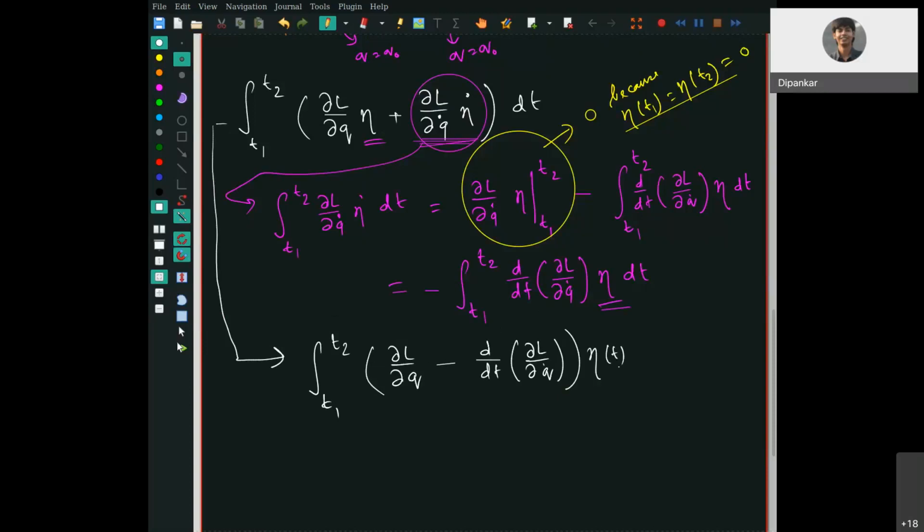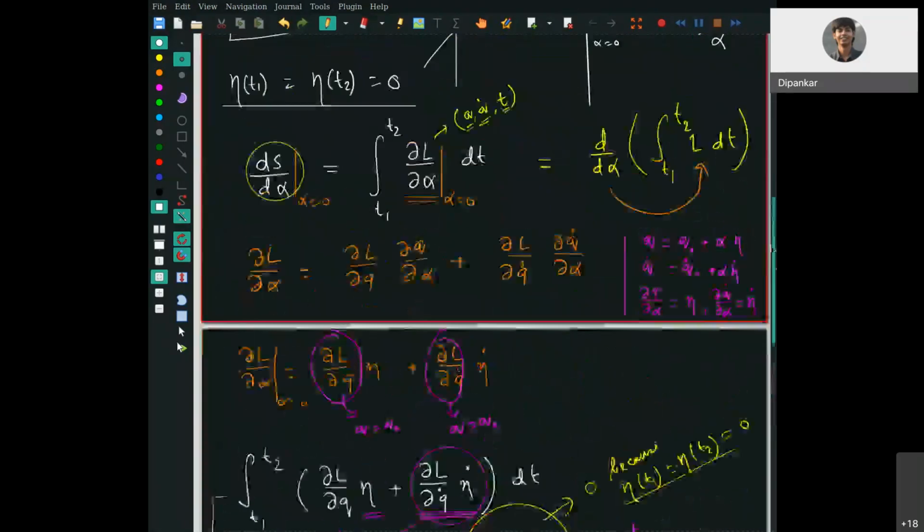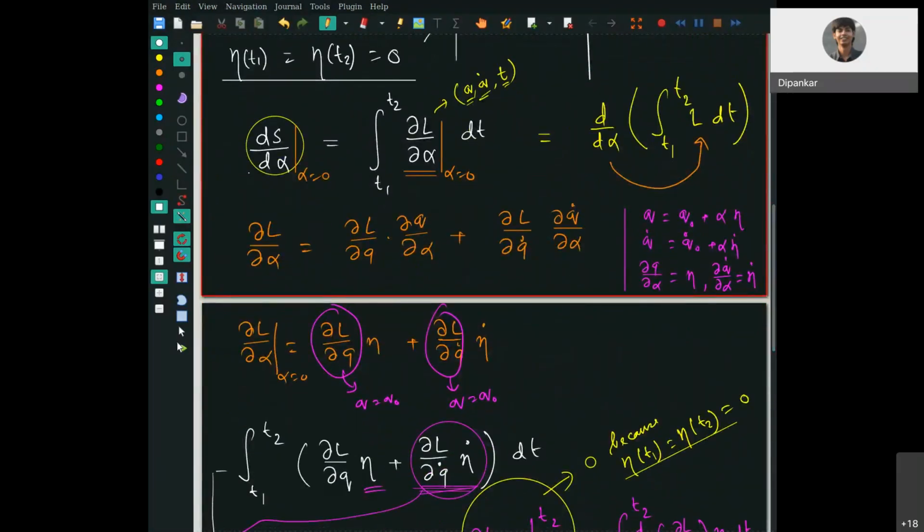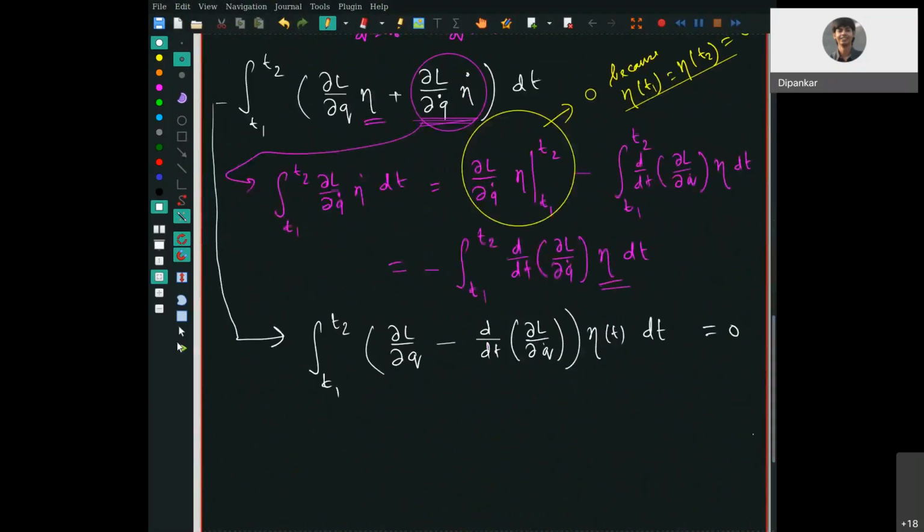Now this, according to my assumption, ds d alpha equals 0, should be equal to 0, because that is the thing. Remember, this ds d alpha is the integral of del L del alpha dt, so this should be equal to 0, because I want an extremum for that.